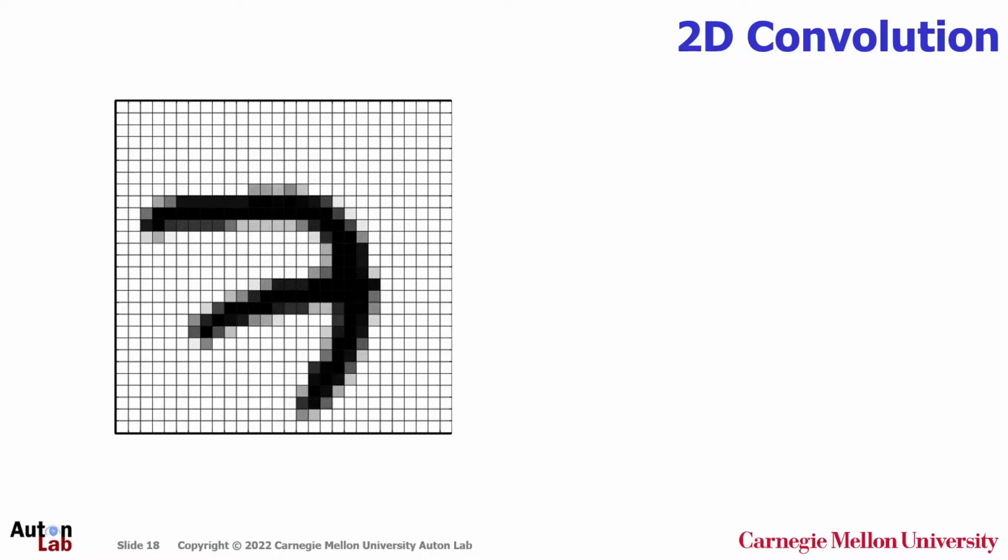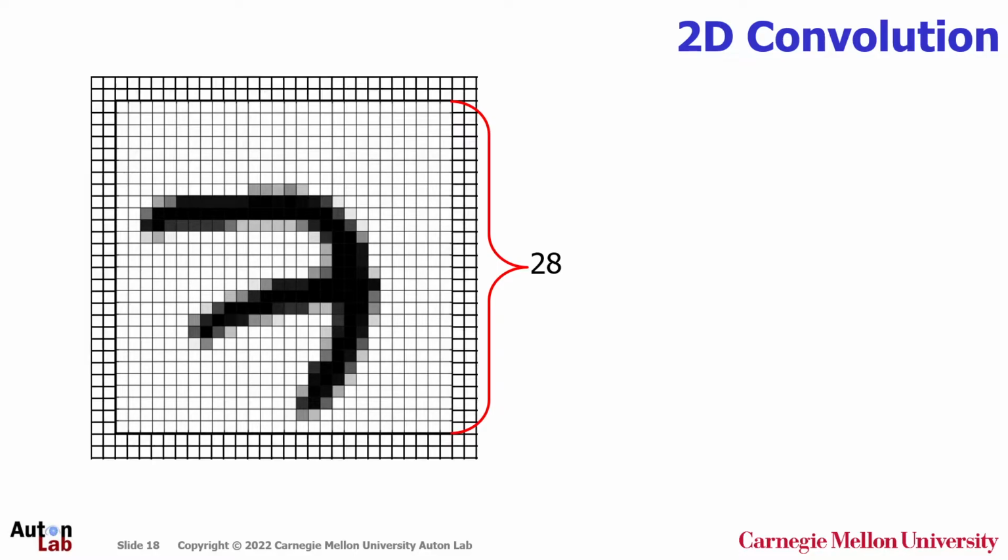Here I'm illustrating the two-dimensional convolution on this 28 by 28 input image. First, we extend the input image by 2 constant 0 pixels on each side. This transformation is called padding, so we can say we zero padded the image by 2 pixels.